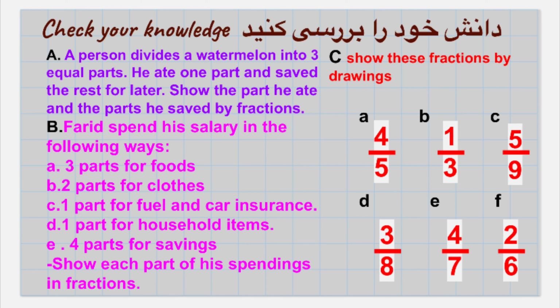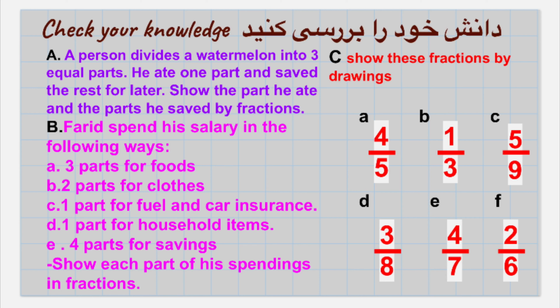For the last part, we have three groups of questions. Question A is about a watermelon divided in three equal parts. The person ate one part and saved two parts; show them in fractions.